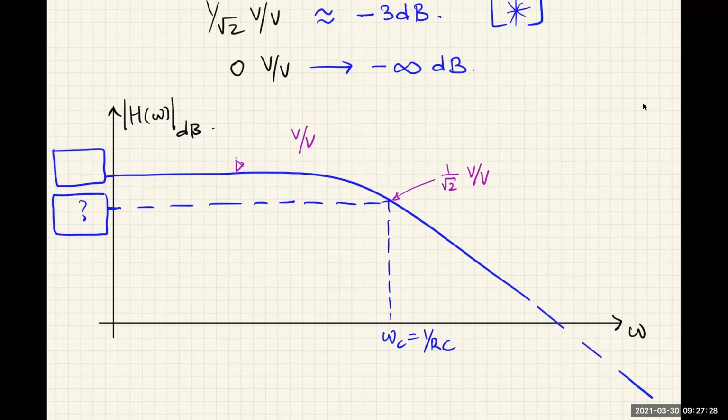This was not 0 volts per volts. So this was 1 volts per volt. So in terms of dB, this should be 0 dB. And similarly at the cutoff frequency, we had a gain of 1 over square root of 2, and that corresponds to negative 3 dB. Okay.